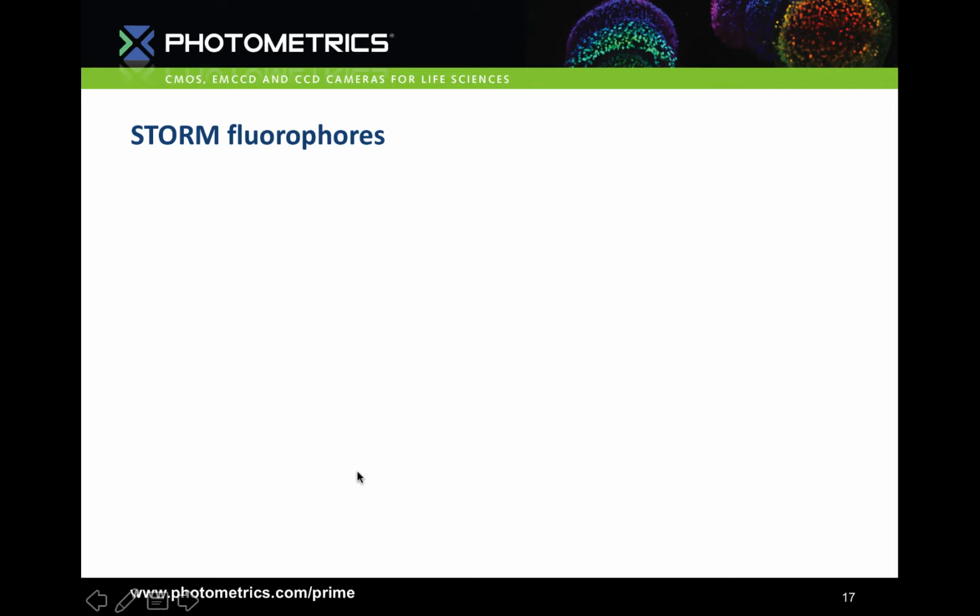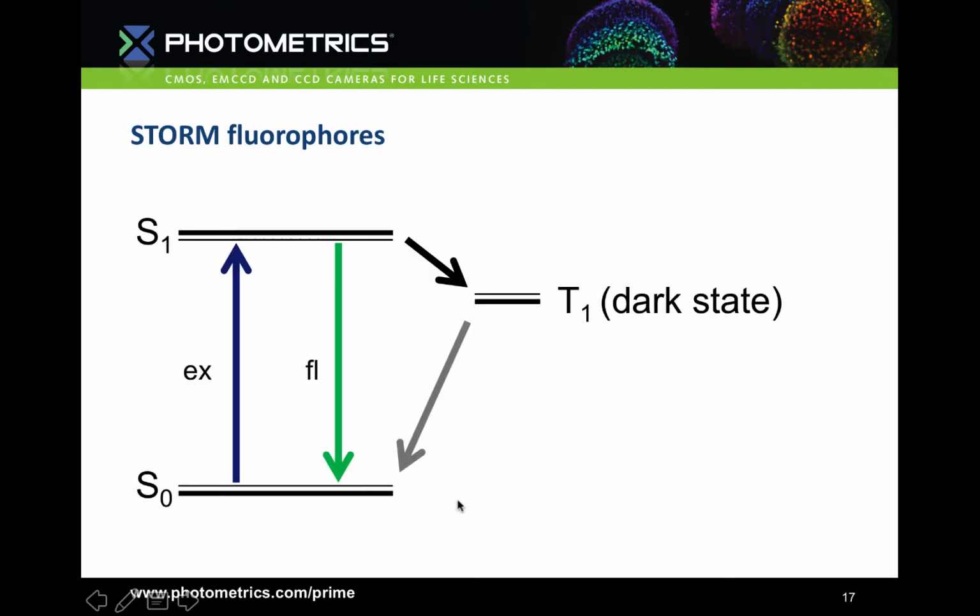To explain how STORM fluorophores work, it's necessary to use a Jablonski diagram. So typically a fluorophore will be excited and jump from the S0 ground state to the S1 excited state, where it will then lose some energy and emit at a lower energy wavelength of light. This is what gives us our Stokes shift from excitation to emission. What that fluorophore can then do is go to this T1 triplet state, the dark state.